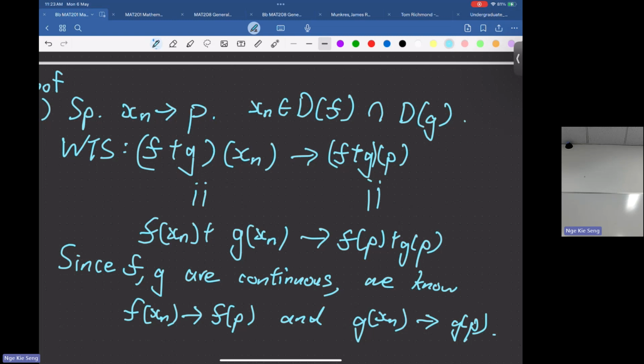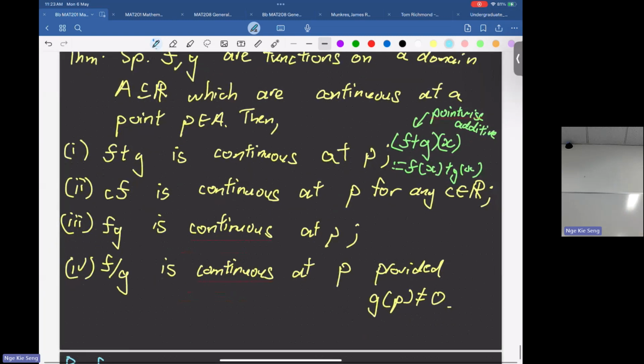So really it's the same. The continuity here boils down to the convergence of sequences, because we define continuity based on sequences. You can go back and prove all of this using sequence limits. The others are left as an exercise.